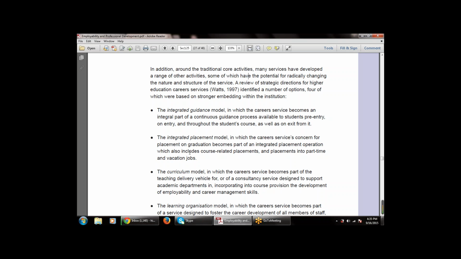Next is the learning organization model, which is used for the representation of the outcome. So these are the models: the integrated guidance model, the integrated placement model, the curriculum model.